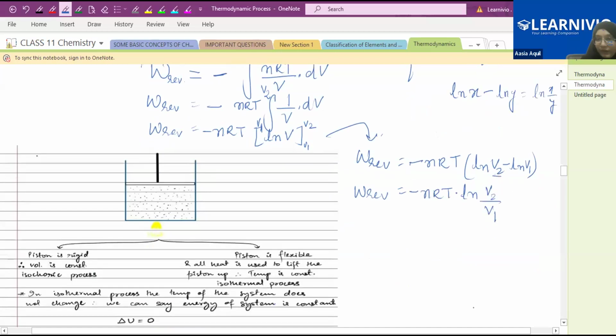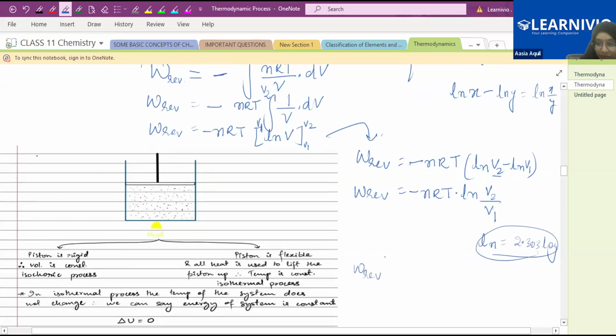Now see, what is the relationship between log and ln? ln is equal to 2.303 log. So you can substitute the value over here.